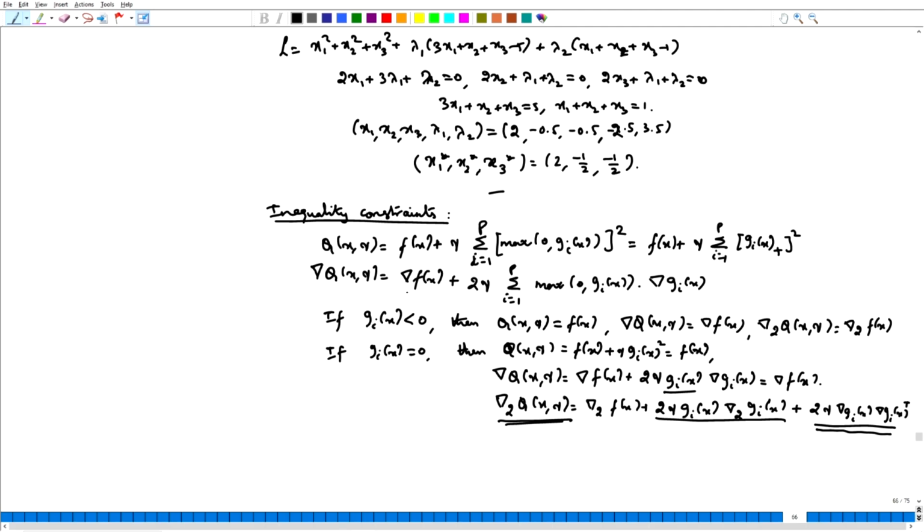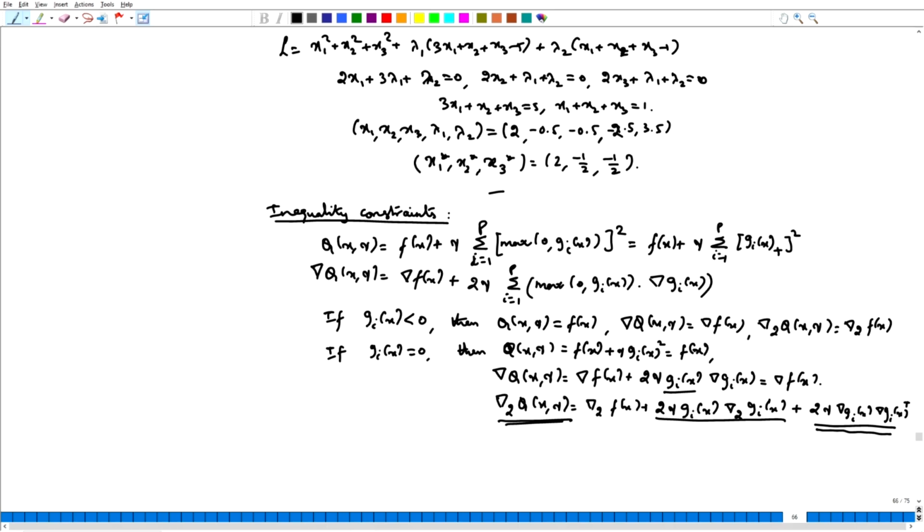The gradient is clear. You just have del f of x plus 2 gamma summation i equal to 1 to p max of 0 comma g_i of x into del g_i of x. The summation is for the whole expression. This has no problem, because g of x less than 0 and g of x equal to 0 give you the same expression for the gradient, but that is not the case with the Hessian.